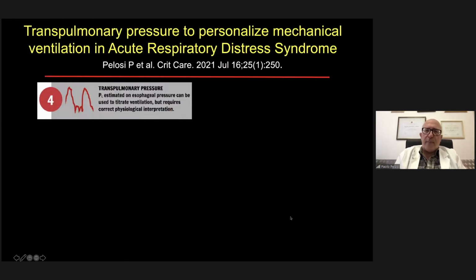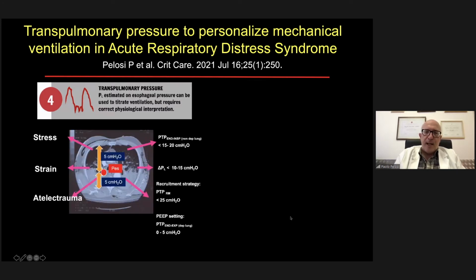The fourth point for personalized mechanical ventilation is related to the use of transpulmonary pressure, which is estimated by esophageal pressure measurements that can be used to titrate ventilation, but it requires correct physiological interpretation and monitoring. This is a typical example where we measure esophageal pressure in the red spot, and this is located more or less at the 2/3 of the height from the sternum to the vertebra in supine position.